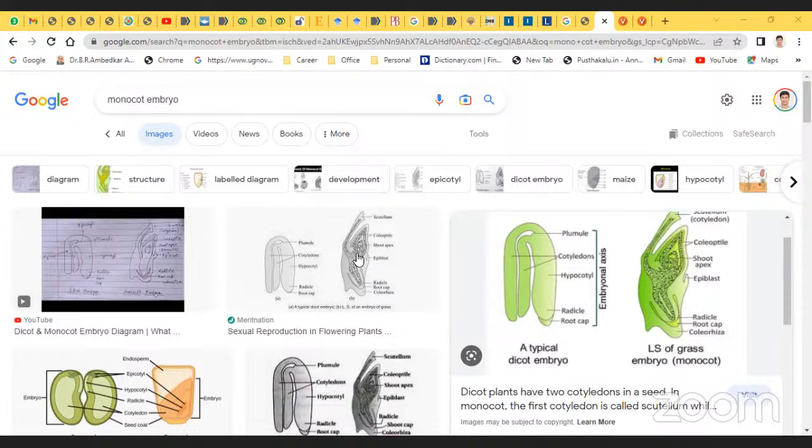The young endosperm of maize contains the cytokinin called zeatin. Coconut milk and extract of corn are frequently used as a nutrient in embryo culture. Already I told you, the coconut milk is used as a nutrient.